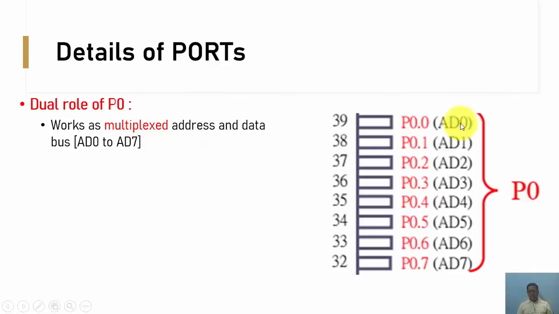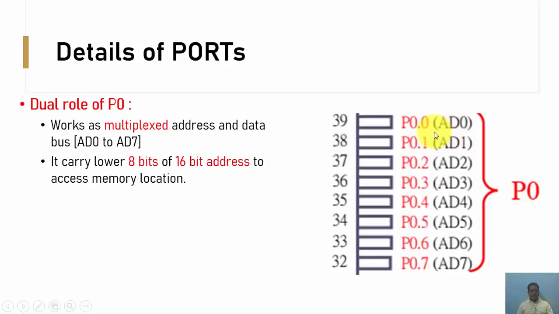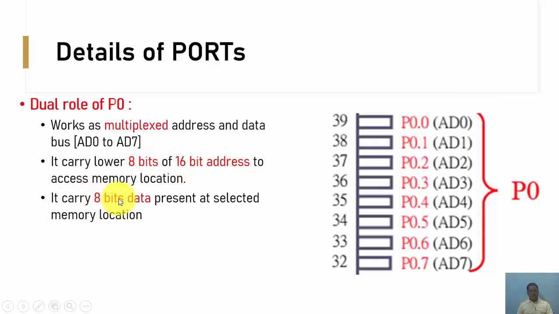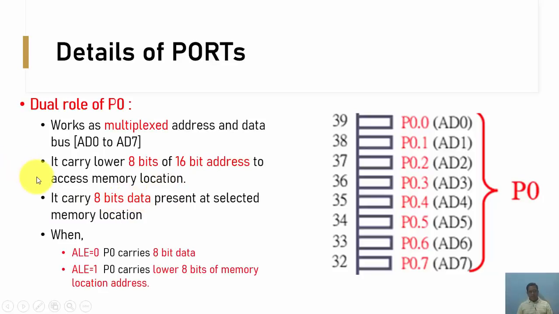If you focus here, AD0 to AD7, it indicates that it is capable of carrying the lower 8 bits of the memory address as well as the 8-bit data. It carries the lower 8 bits of the 16-bit address to access the memory location, and it carries the 8-bit data present at the selected memory location.